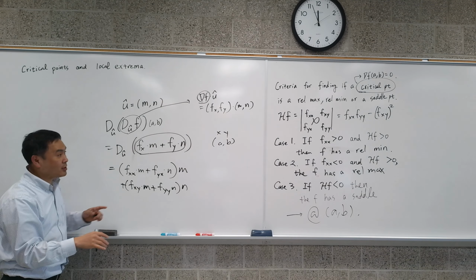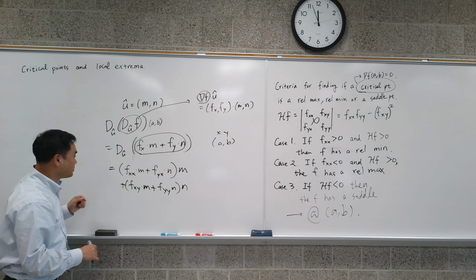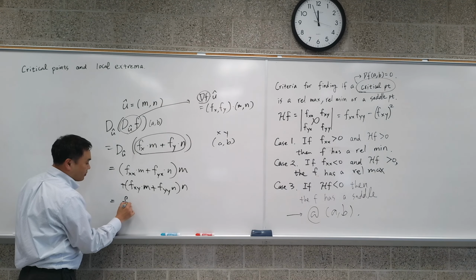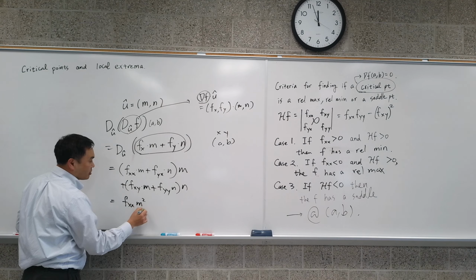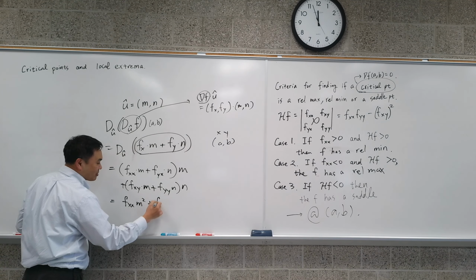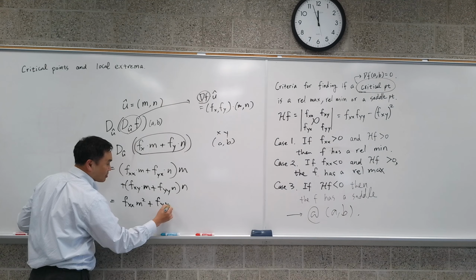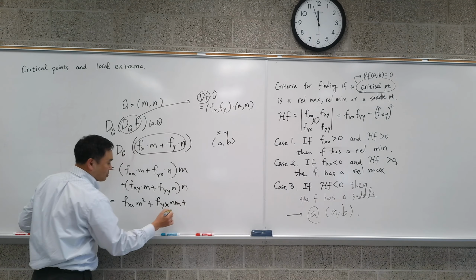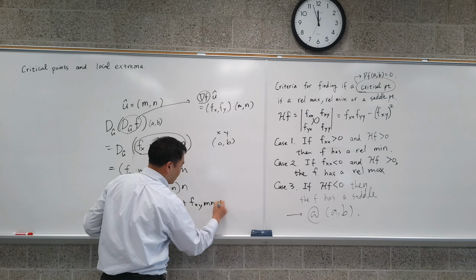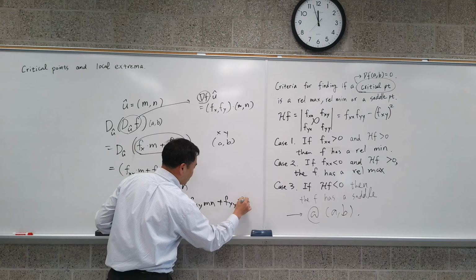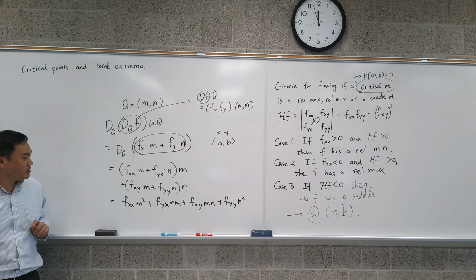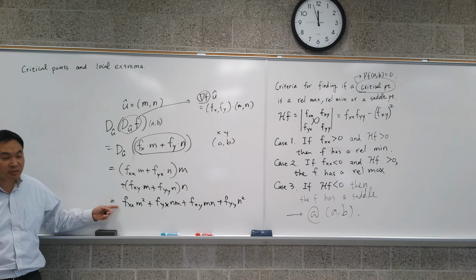That's the second derivative, and then you have to evaluate it at (a, b). So what is that? That's fxx m squared plus fyx nm plus fxy mn plus fyy n squared. Okay, so that's the directional derivative, right?